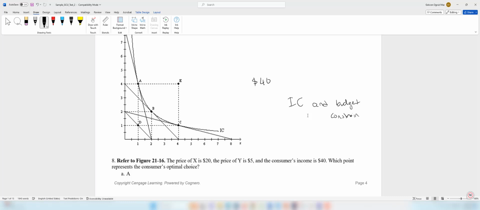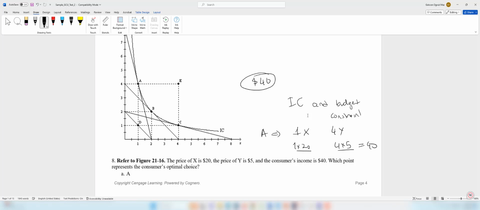Okay, so we have options like A, because it's the intersection of indifference curve and the budget constraint, B, and also C. But we need to check if the consumer can afford to buy A, B, and C. So for A, the consumer is buying 1X and 4Y. 1 times 20, 4 times 5. This is 20, this is 20, 40. So our budget is 40. So A seems like the optimal choice.